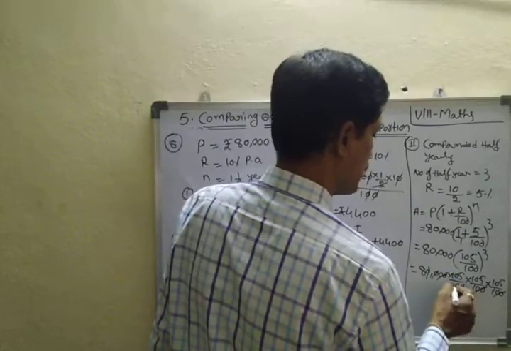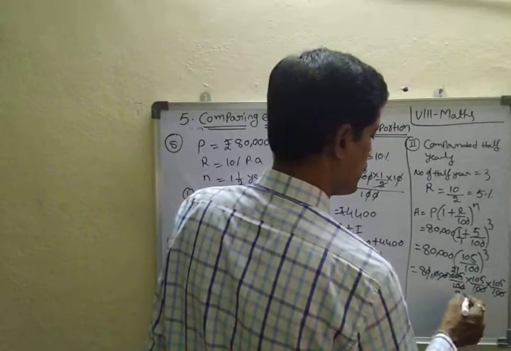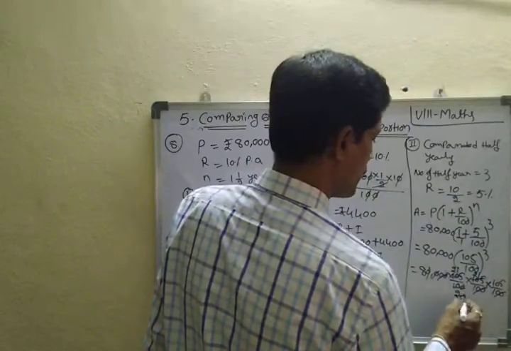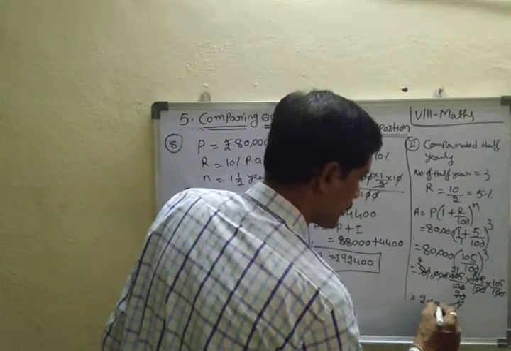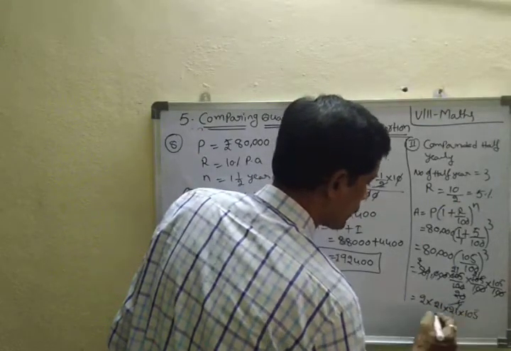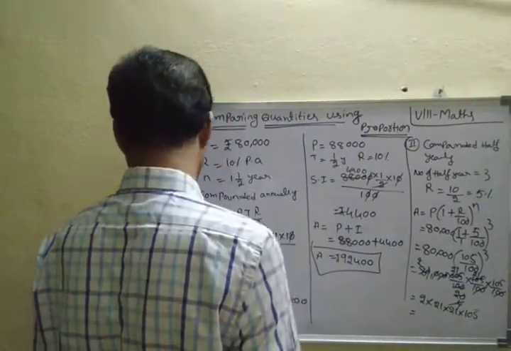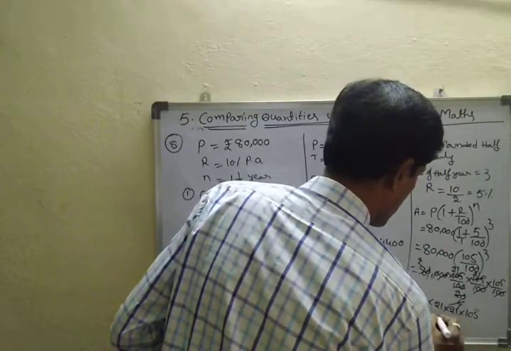Next, 5 20s, 5 21s. Next, 5 4s, 5 21s. 4 2s. Therefore 2 into 21 into 21 into 105. Therefore we get a total of 92,610 rupees.